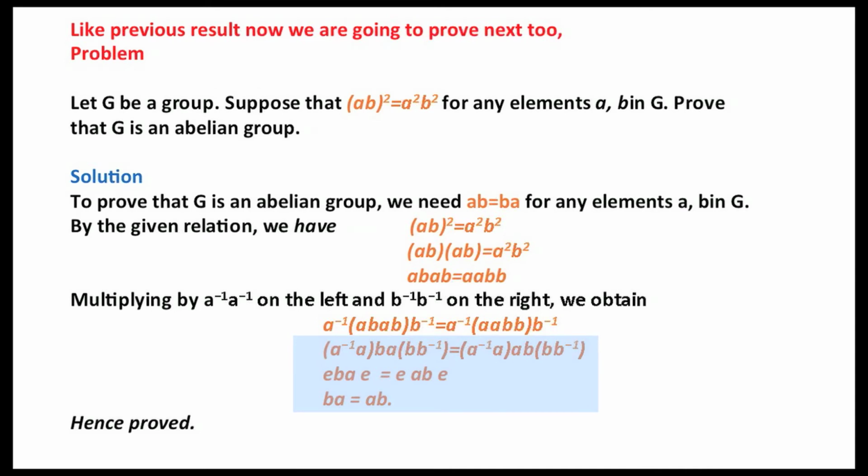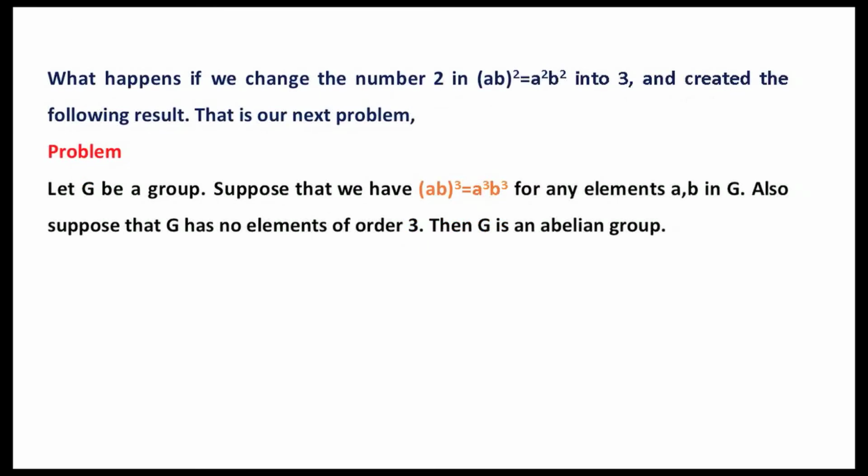Then we will get e b a e, that is equivalent to e a b e. Then finally we will get b a equals a b. Hence we proved. What happens if we change the number 2 in (a b) squared equals a squared b squared to 3? That is our next problem.